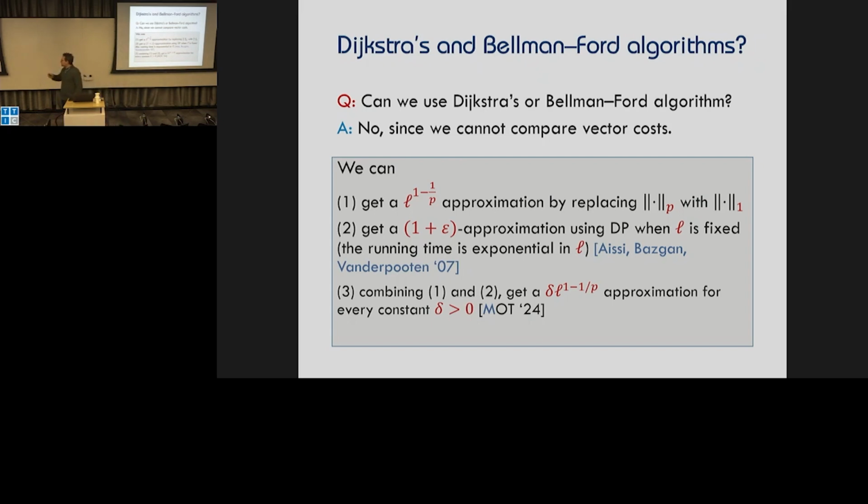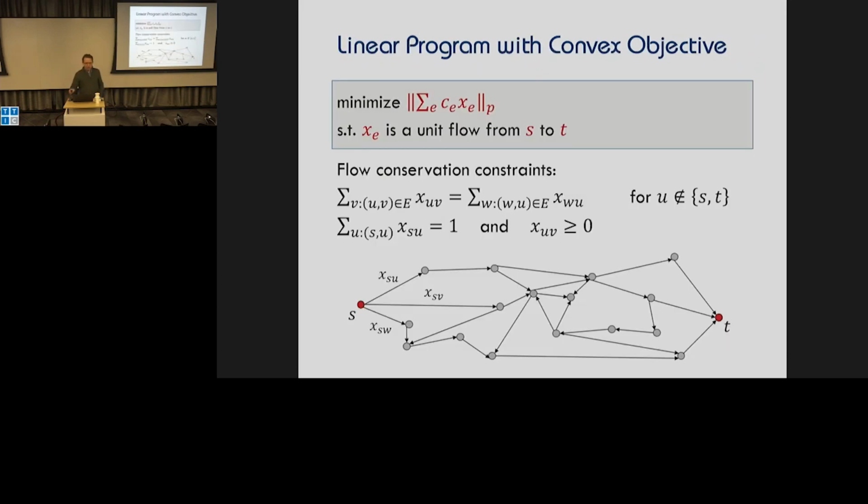We also observed that we can combine the first approach and the second approach, and using completely elementary techniques, we can get a delta times L to the power of 1 minus 1 over P approximation for every constant delta. So these are very basic results. We don't know how to get anything else using elementary techniques.